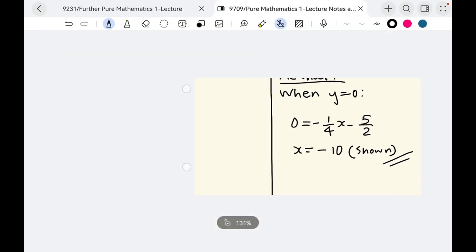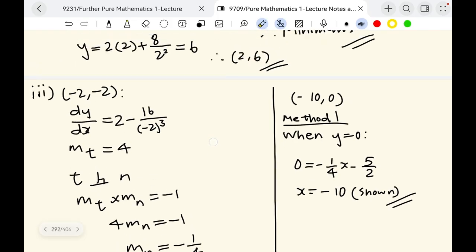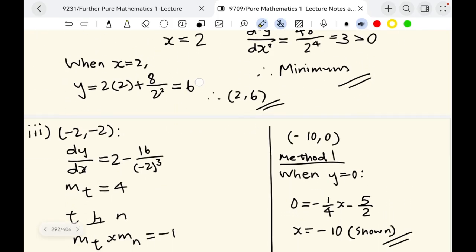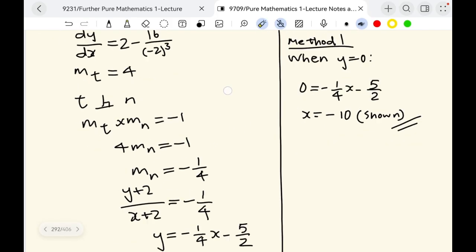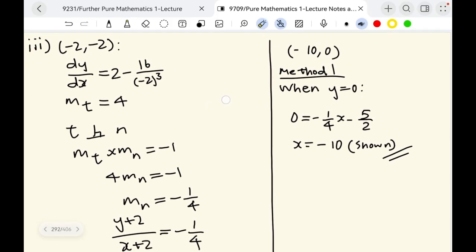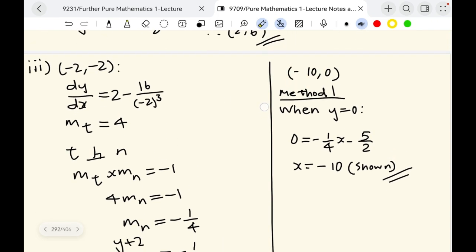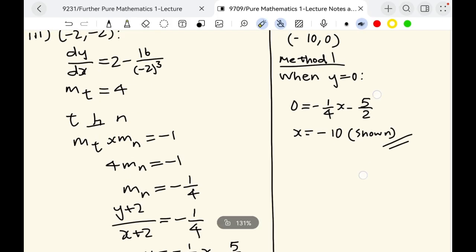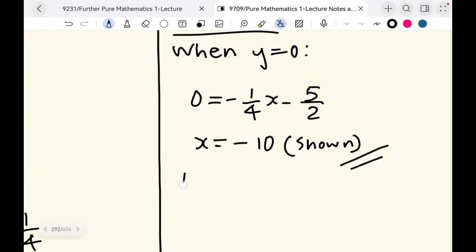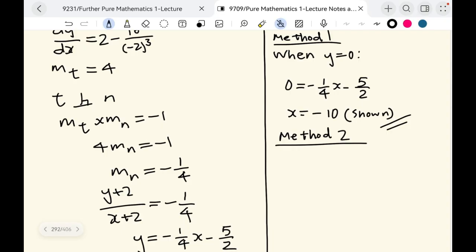Okay, until here, we have shown that negative 10, 0 is the x-intercept, the point of intersection with the x-axis, when the normal line crosses the x-axis. This is the first approach. Okay, but you can use the second method, which is the alternative method.